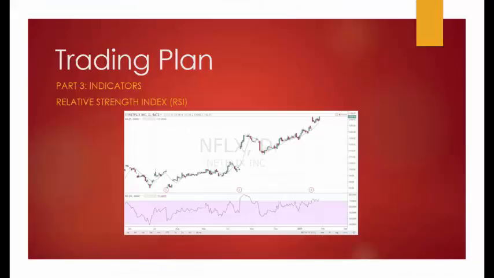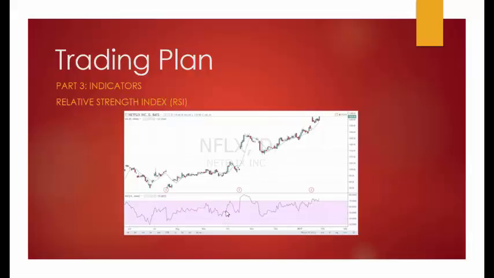Let's move on. The relative strength index, this one I use quite often. The relative strength index says something about the strength of the move. As you can see on this picture already, once price is moving to the upside, the relative strength shows us the same. Some pullbacks, we see it over here. Then we have a strong move.